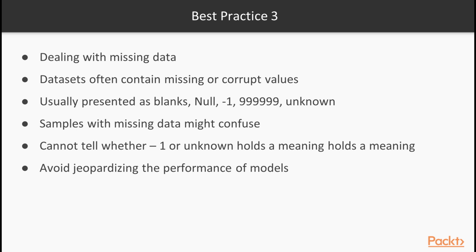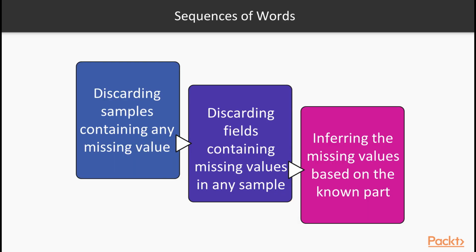Samples with missing data not only provide incomplete predictive information, but also might confuse the machine learning model, as it cannot tell whether -1 or unknown holds a meaning. It is significant to pinpoint and deal with missing data in order to avoid jeopardizing the performance of models in later stages. Here are the 3 basic strategies that we can use to tackle the missing data issue.